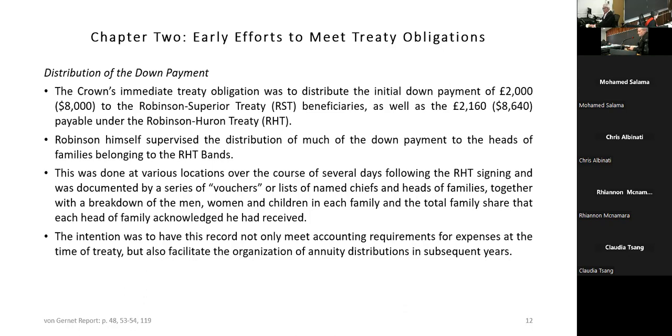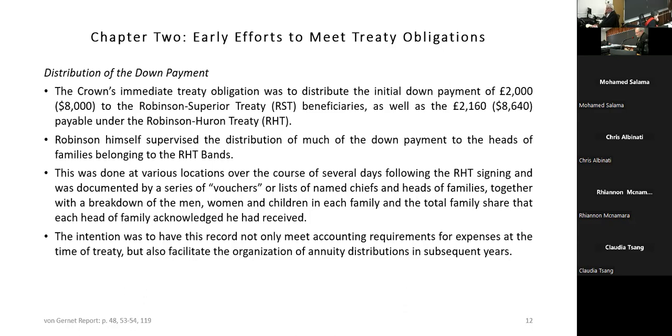So the initial down payment was the first time that any monies were distributed under this treaty. And that was within days of the actual signing of the treaty. And it was done over various locations over the course of several days.